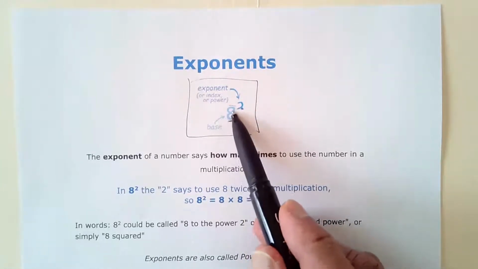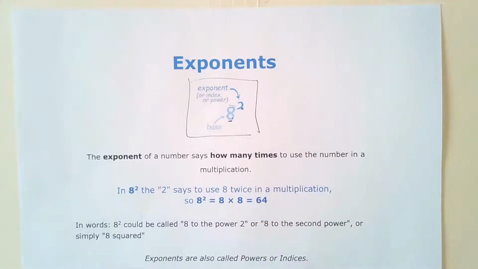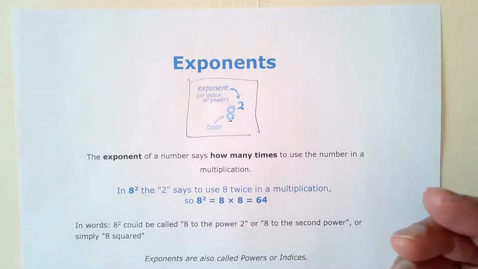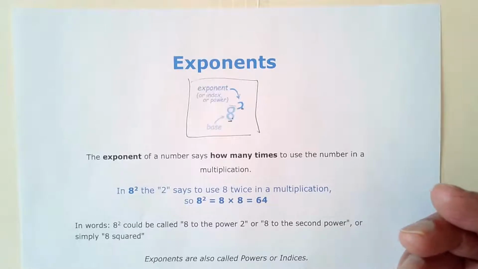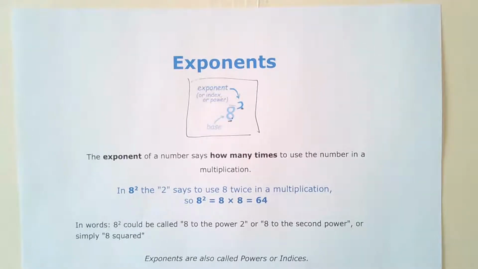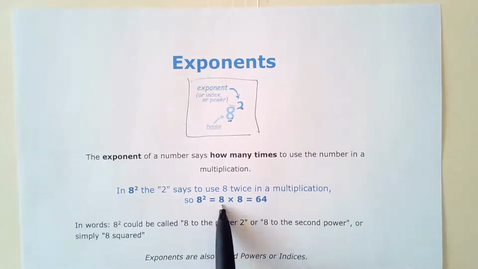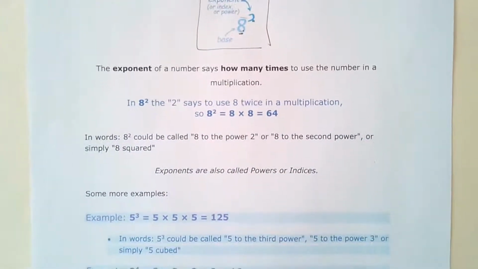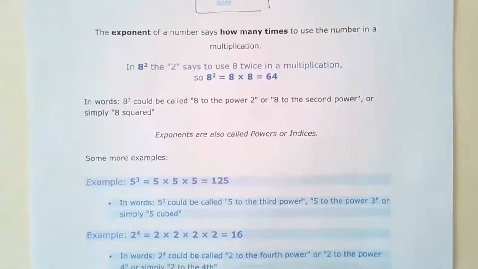So the base tells you what number I would like to multiply, and the exponent tells me how many times that number should be multiplied by itself. So a to the power 2 says that you use a twice in a multiplication, so a times a. Exponents are also called powers or indices, just to note.